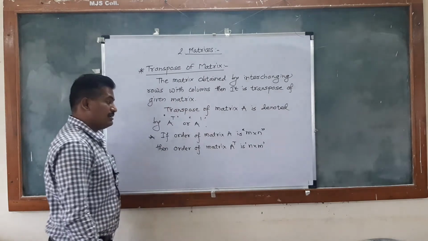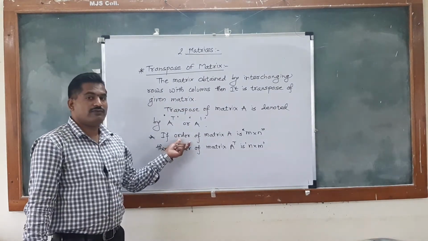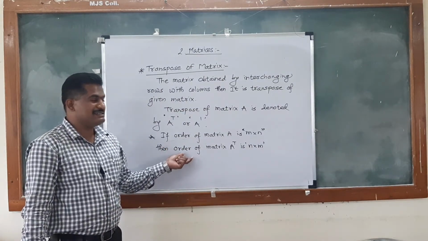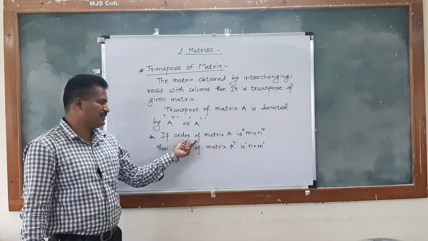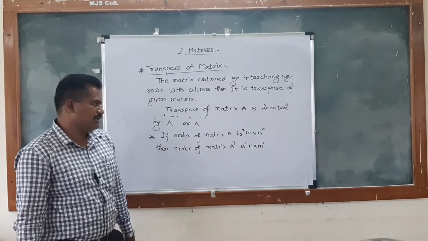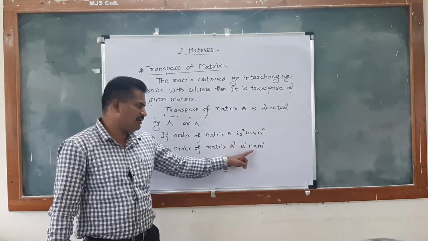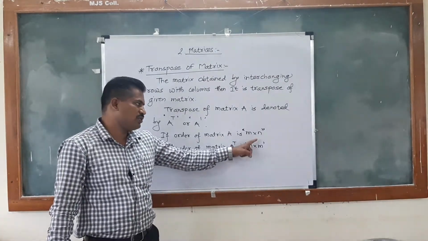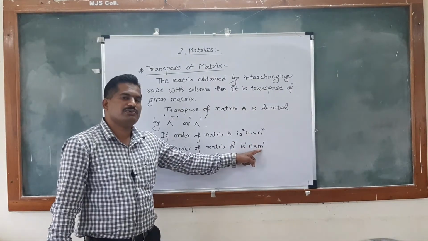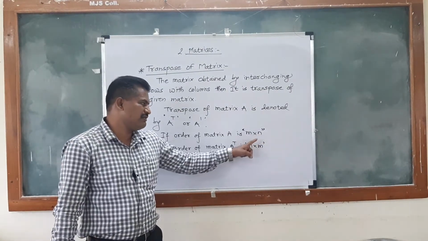That means the order of the transpose matrix is reversed compared to the given matrix. If the matrix has order m by n, then the transpose has order n by m. Rows are converted into columns, and columns into rows.